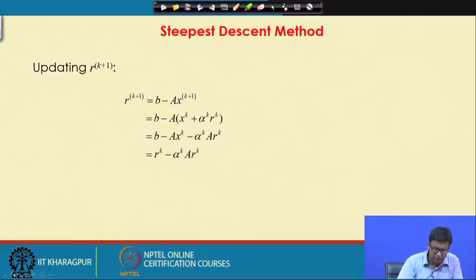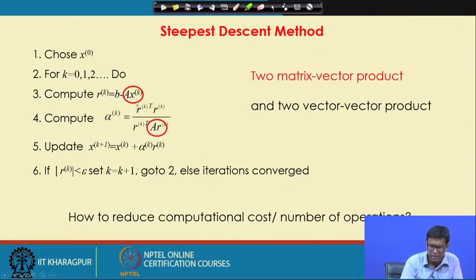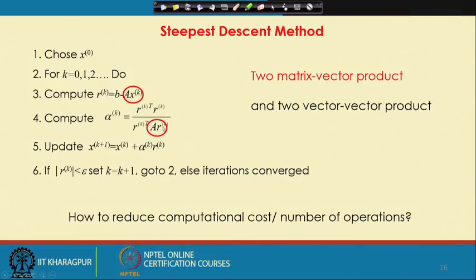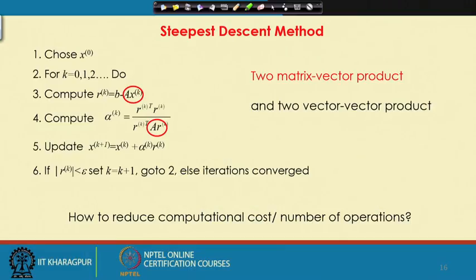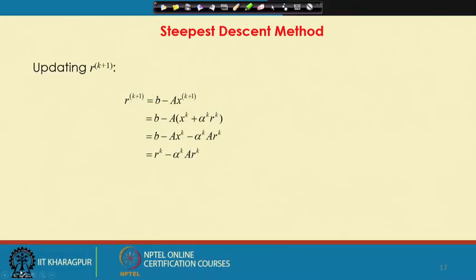And if I go back to the previous slide, A r k is also needed for computing alpha k plus 1. So, if r k plus 1 can be computed using A r k, then this is the only matrix vector multiplication which is common to both the calculation of r k plus 1 as well as the computation of alpha k. In that light we will try to modify it.